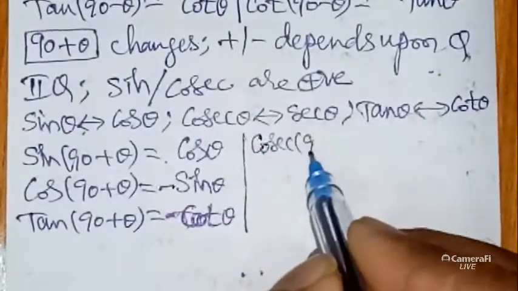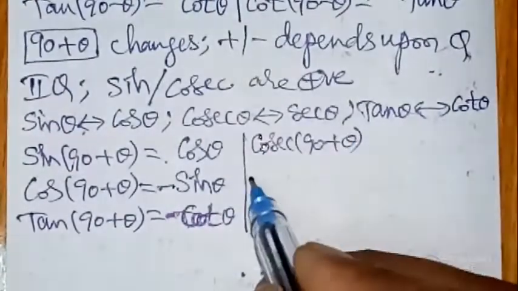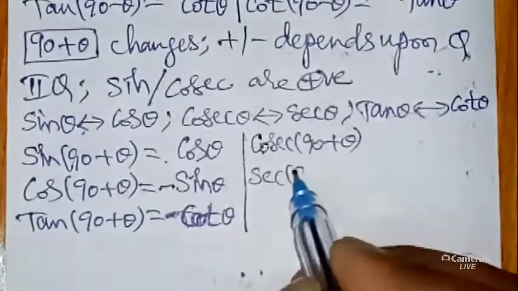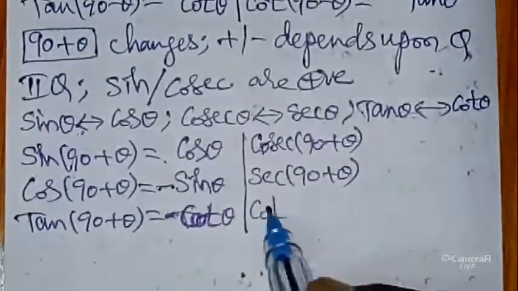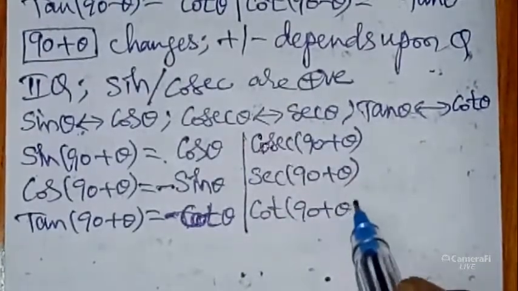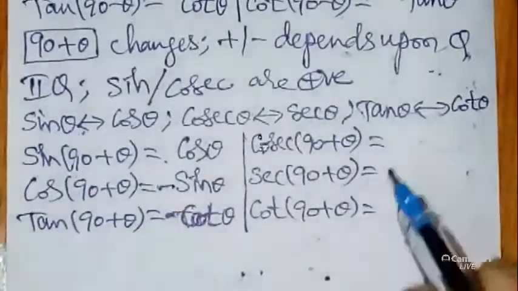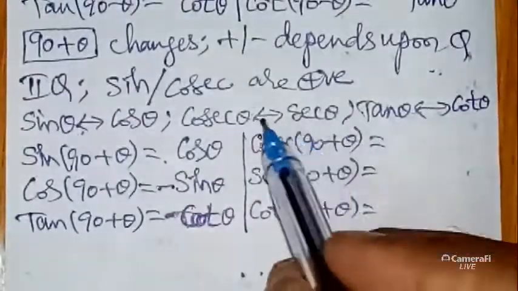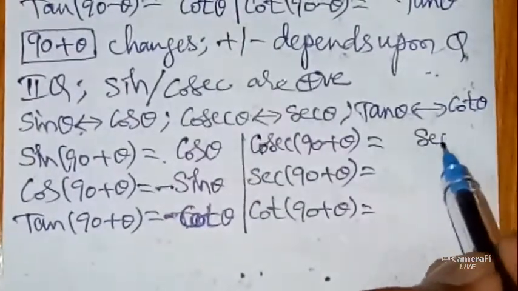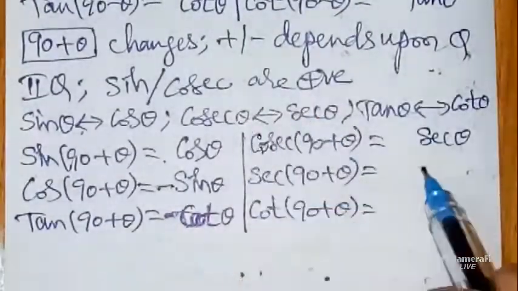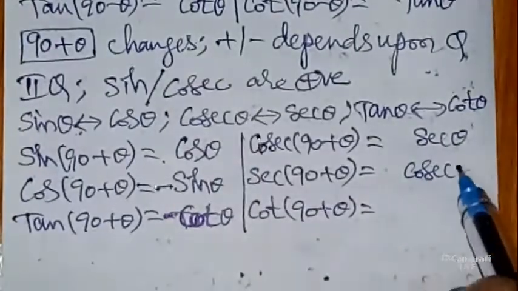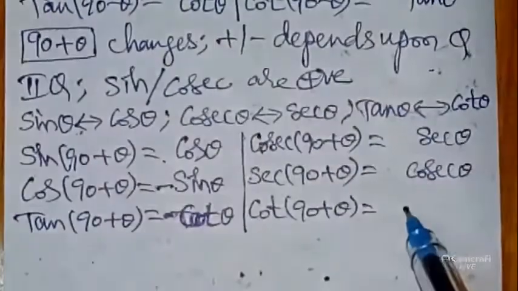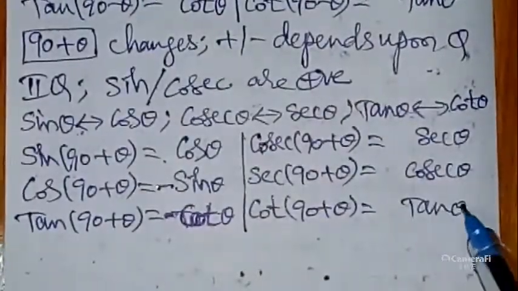Sin reciprocal value is cosecant 90 plus theta. Cos reciprocal value is secant 90 plus theta. Tan reciprocal value is cot 90 plus theta. So first of all, cosecant is changing to secant theta, secant is changing to cosecant theta, cot is changing to tan theta.